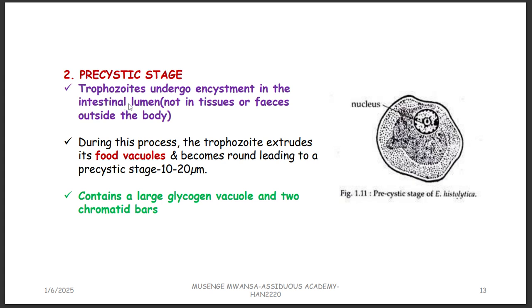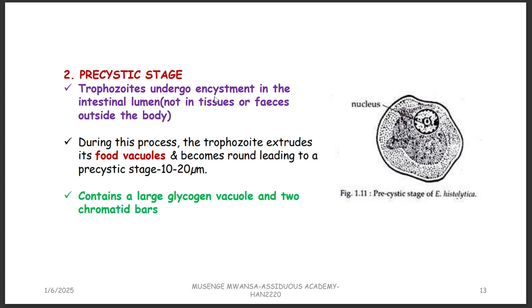Please take note. We said earlier on that the trophozoite is the only form that is found where? In the tissue. Therefore, you can't form a cyst in the tissue because it's not found in the tissue. That can only happen in the intestinal lumen.